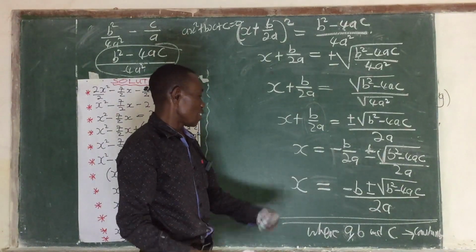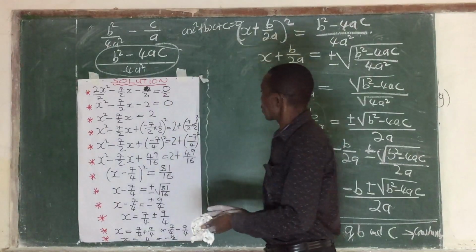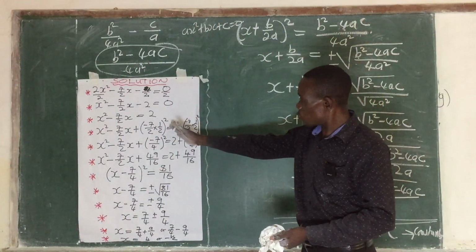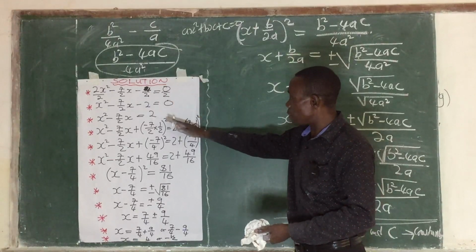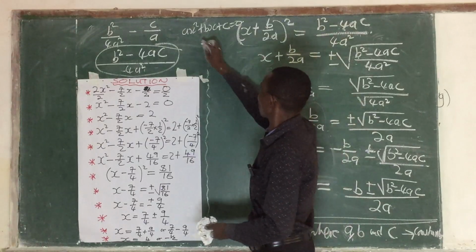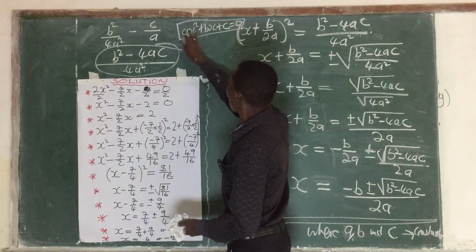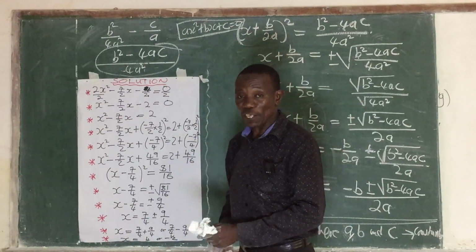So you just substitute there, and then you have got the solution. So by this, try to link the usual way of solving quadratics by completing the square. It's the same mechanism we use to solve for x, but in this case, you consider the form of the quadratic formula. Thank you very much.